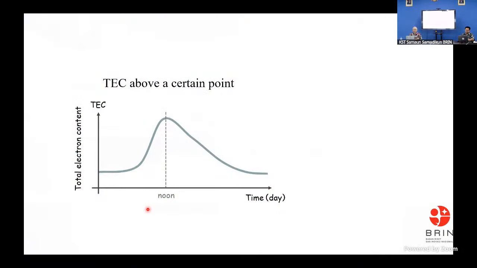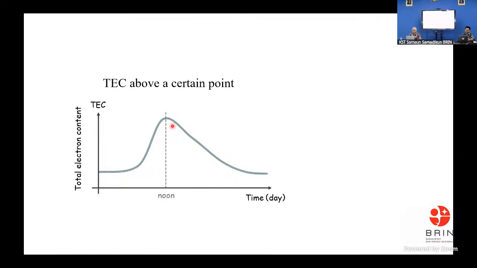Okay, so let's have a look one by one. Let's begin with the easiest to understand. This is a conceptual change of TEC in one day. It has a peak at noon.